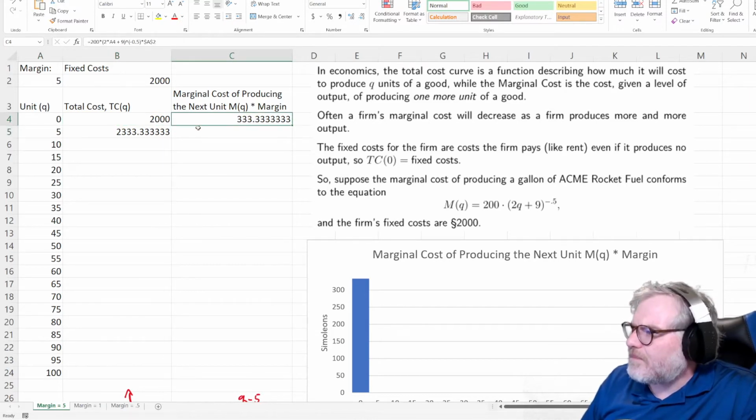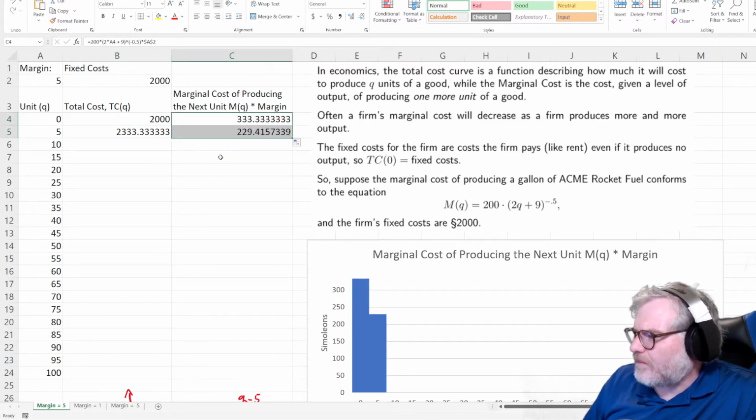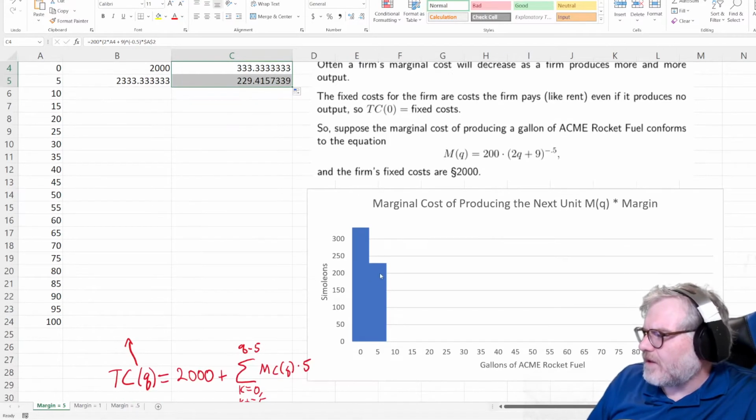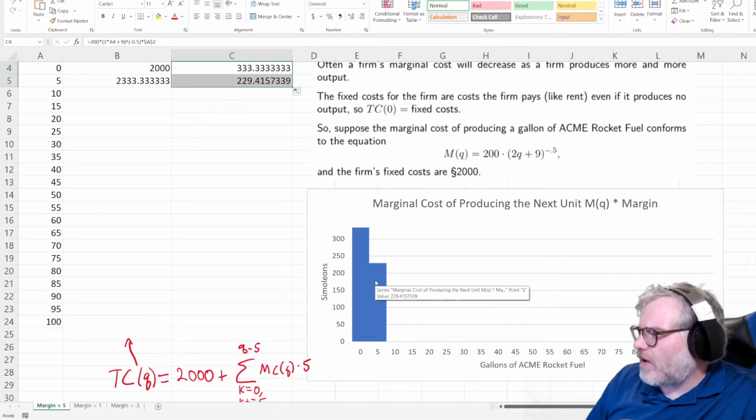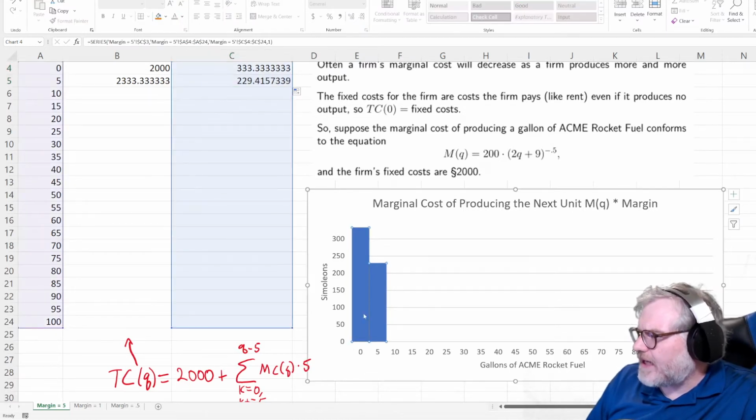Now, if I want to compute this one, let's compute the marginal cost of 5 and multiply it by 5. So I now have the marginal cost, and you can look at this bar graph that I made down here. This right here was the marginal cost of producing 0 units.